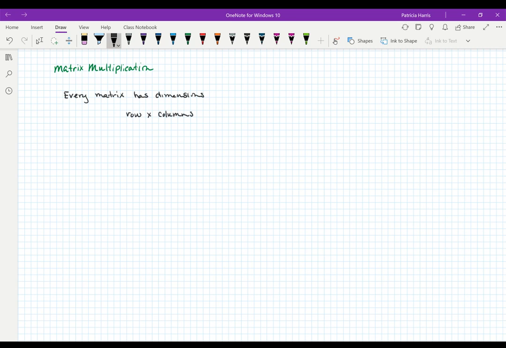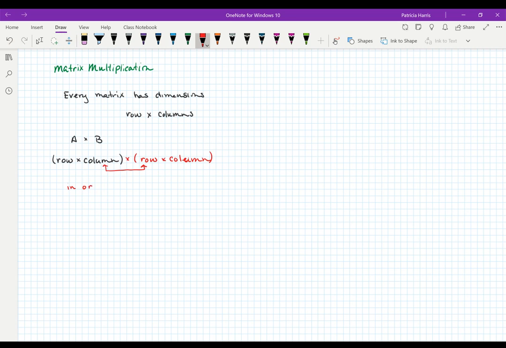So if we're going to multiply matrix A by matrix B, we have to make sure that we don't run out of numbers. So the row number and column number of A as compared to the row number and column number of B, these two have to match.